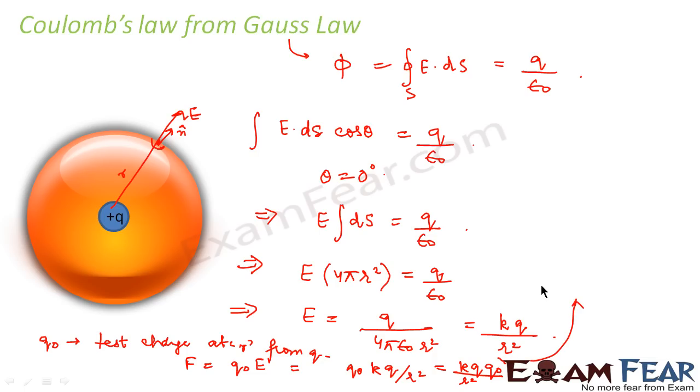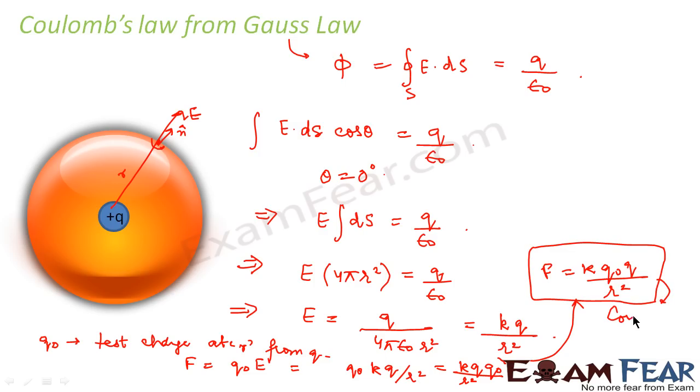We reach this expression: F is equal to K into Q naught into Q divided by r square. This is the statement of Coulomb's law. So here we started with Gauss's law and ended up at Coulomb's law. That means all the laws are consistent with each other and are true for all these situations in electrostatics.